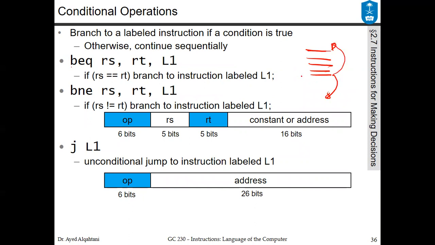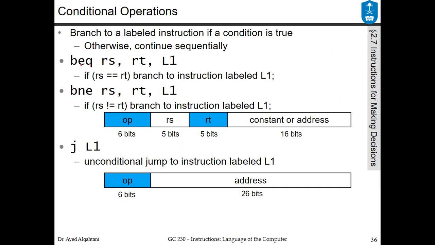This happens in the if statement, the for statement, the while statements, the do while statements, the switch statement with cases, and so on. And it's implemented in assembly using many instructions. The famous ones are branch if equal, branch if not equal, and unconditional jump.